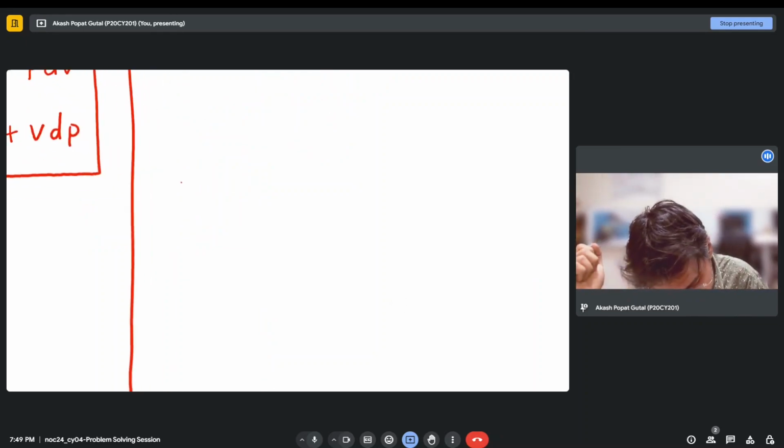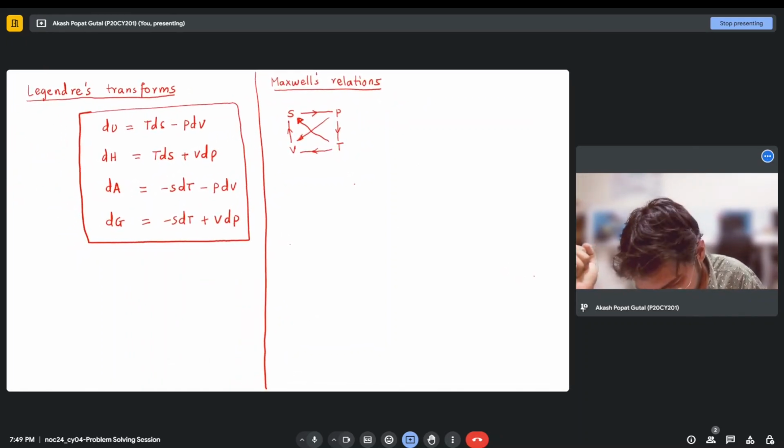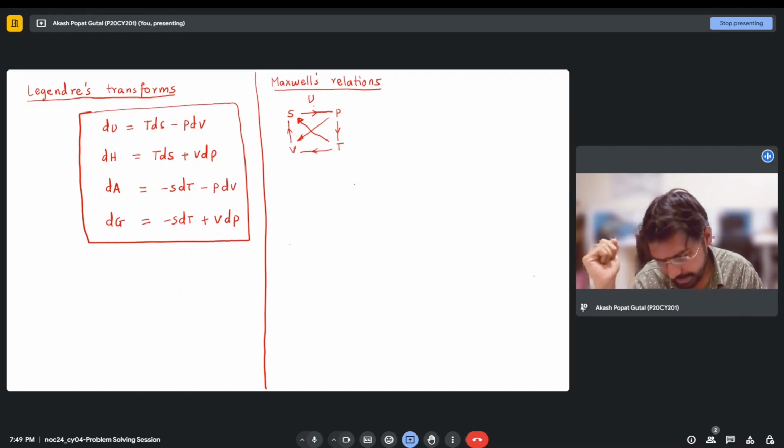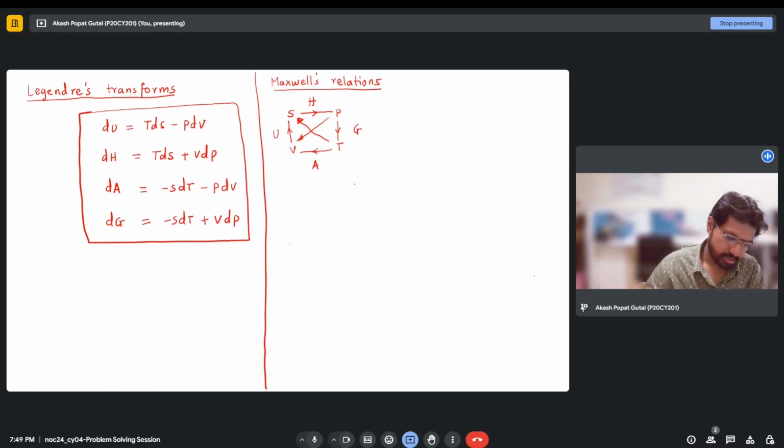Internal energy U is a function of S and V, and enthalpy H is a function of S and P. Then Gibbs free energy G is a function of P and T, and Helmholtz free energy A is a function of V and T. From this mnemonic, we can write all four Maxwell's relations.